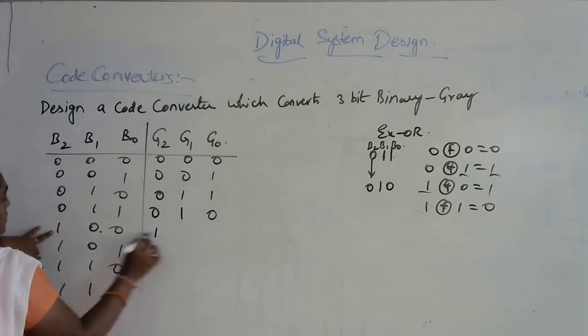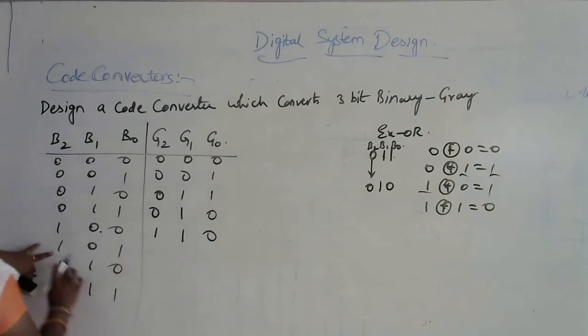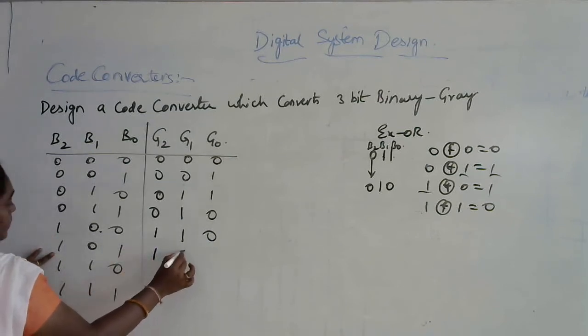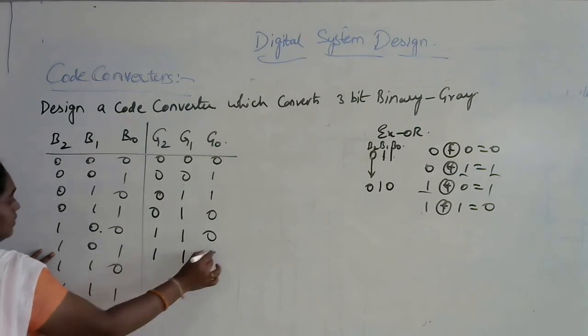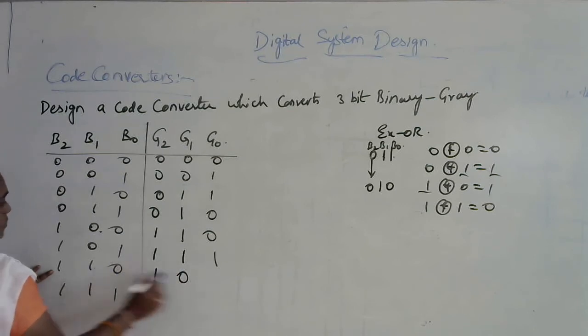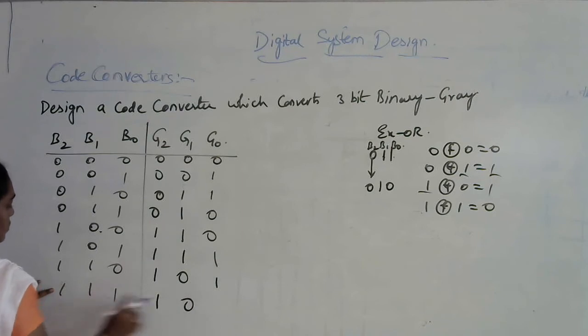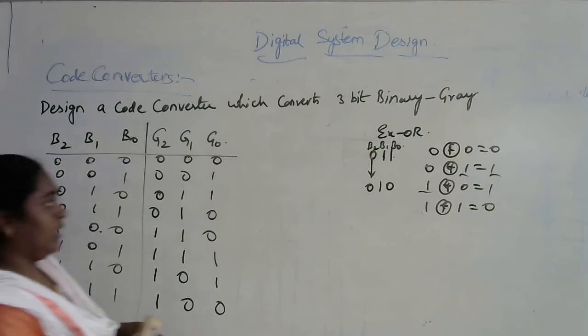First bit as it is, 1. 1 XOR 0, 1, 0 XOR 0, 0. 1 XOR 0 is 1, 0 XOR 1 is 1. 1 XOR 1, 0, 1 XOR 0, 1. 1 XOR 1, 0, 1 XOR 1, 0. So this is the truth table for binary to gray.